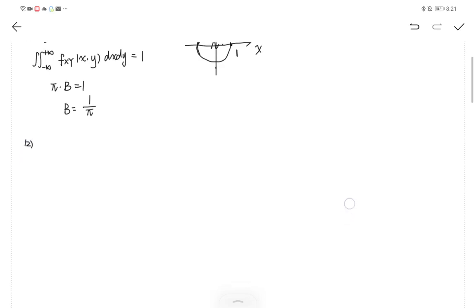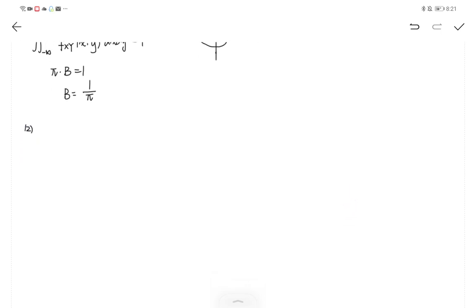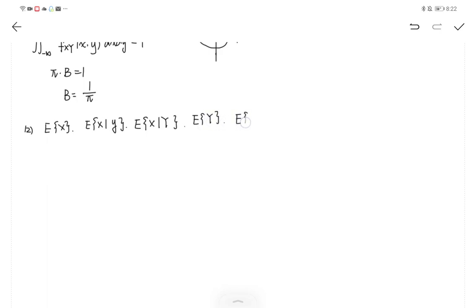And question 2. Find the expectation of x, y, and the expectation of x multiplied by y.